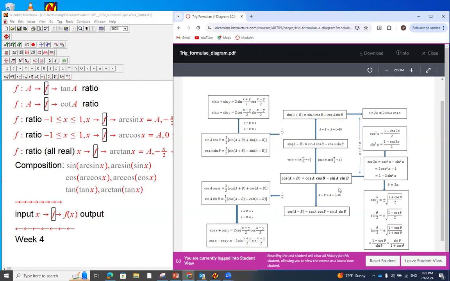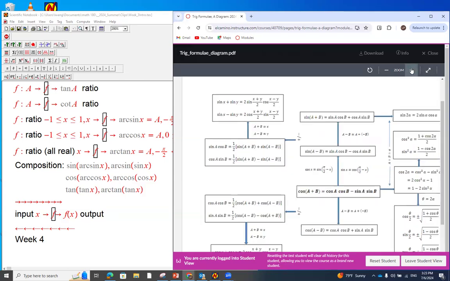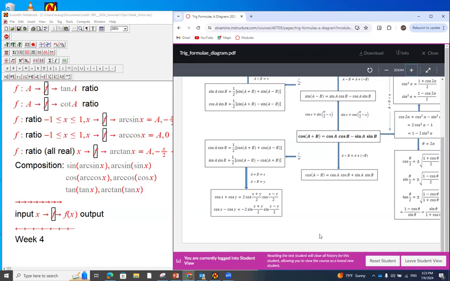I have recorded lessons this week to guide you through the entire deriving process. These arrows, as will be explained in the lesson, show how to derive all of them. If you do that favor for yourself, you will not only be very good with these trig formulas and their derivations, you'll also improve your algebra tremendously.